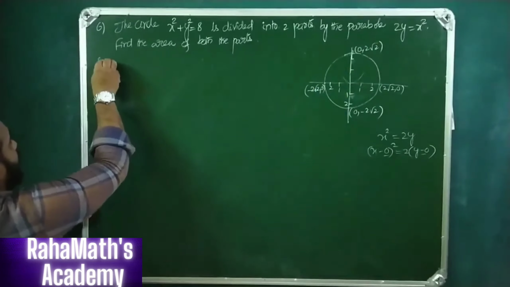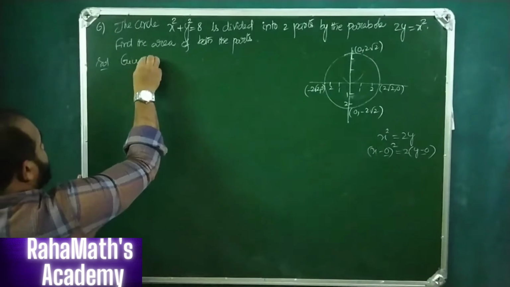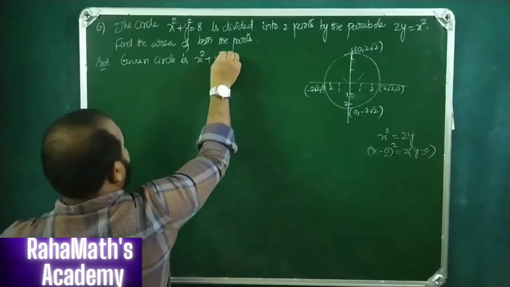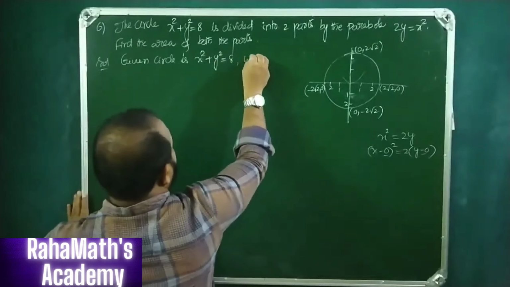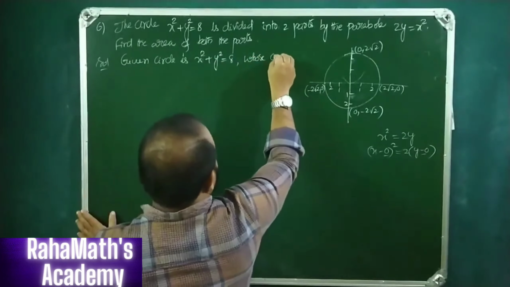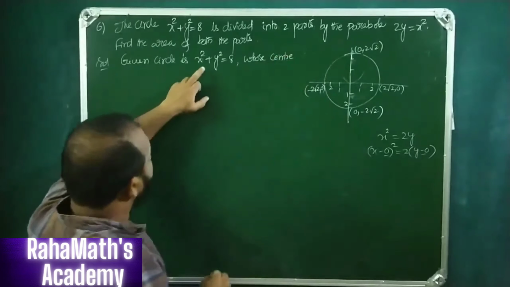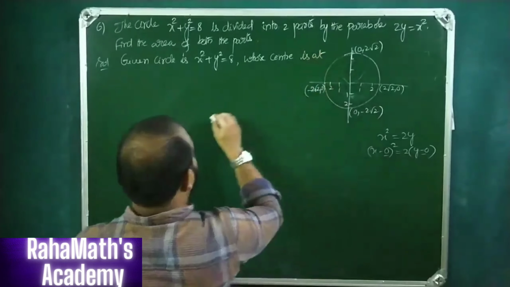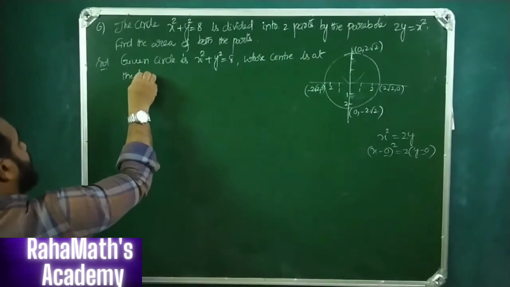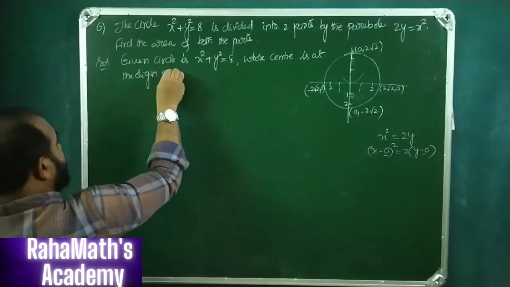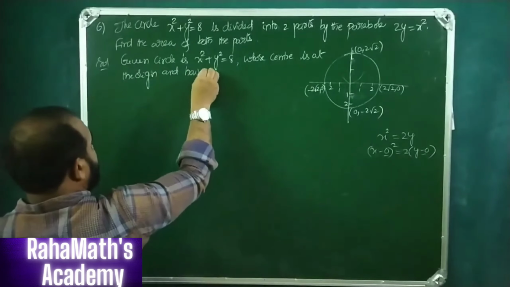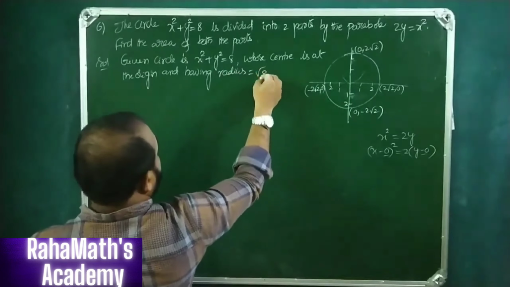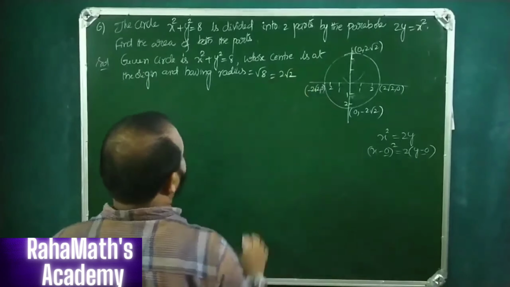So the solution: the given circle is x square plus y square equals 8, which is the standard form of the circle, whose center is at the origin and having radius root 8, that is 2 root 2.